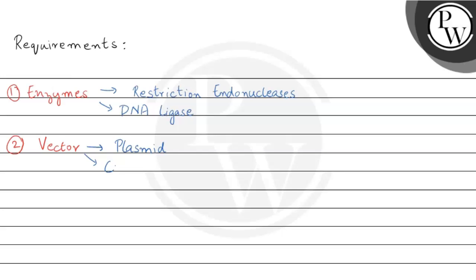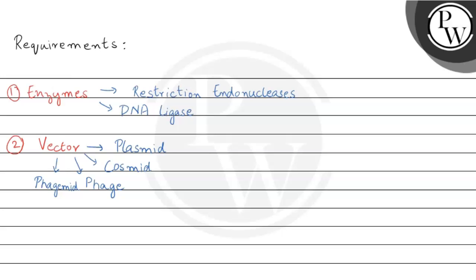Other vectors include cosmid, then we have phage, bacteriophages. So phages are also used as vectors, and then we have phagemid. These are the few vectors that are utilized. Now these are the requirements of genetic engineering.